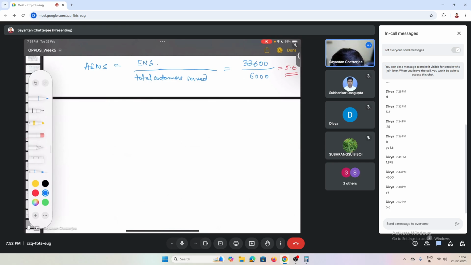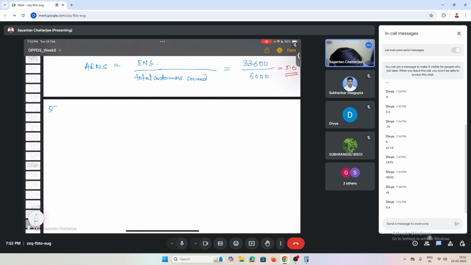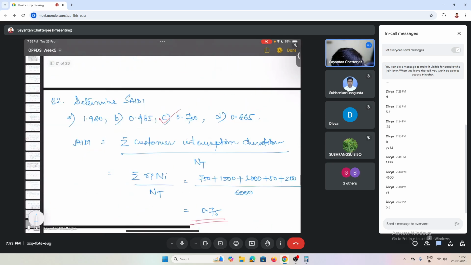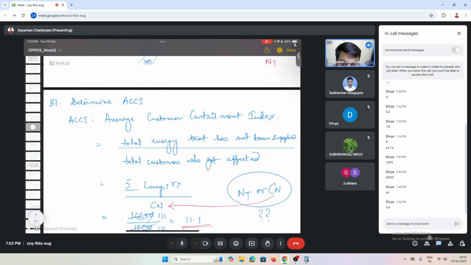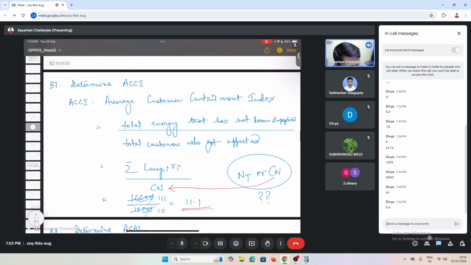So question 7. Here is the ACCI. Determine ACCI. What is ACCI? Average customer curtailment index. So this is the formula: L average into the duration over which the total energy has not been supplied, divided by the total number of customers who actually got affected.